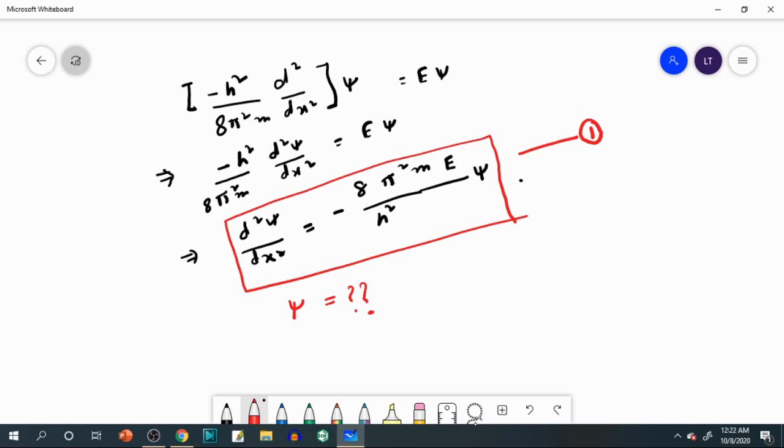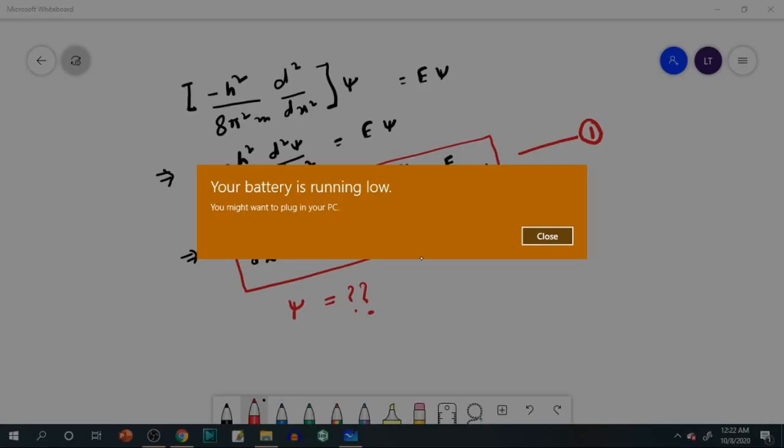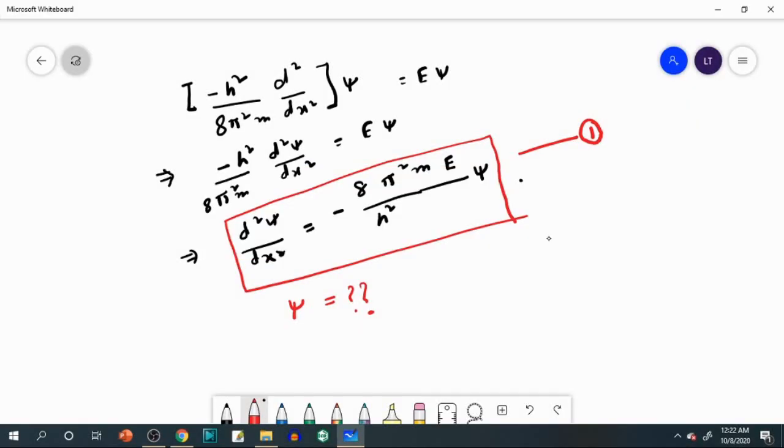For example, if you would like to know the momentum of a particle in a particular system, you will be able to find it out if you apply the operator which corresponds to momentum. Again, you can find the position, and similarly kinetic energy, potential energy, etc. And one particular operator known to us is called the Hamiltonian operator. If you apply the Hamiltonian operator on psi, you will get the total energy of the system.